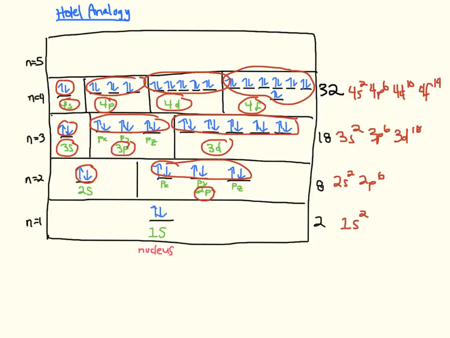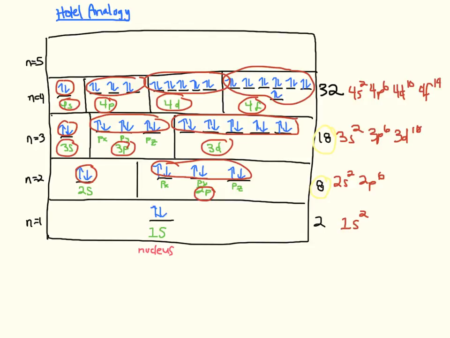And it should be noted that, for example, the second energy level can hold 8 electrons, but just because it can hold 8 doesn't mean that it will. It can be partially filled. Or the third energy level, just because it can hold 18 doesn't mean it's going to hold 18. It's just like a hotel.